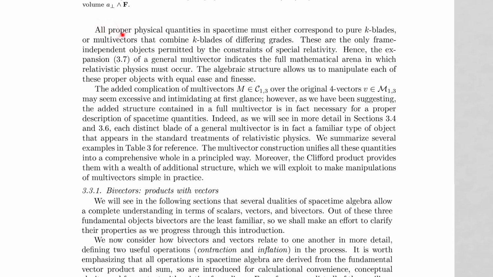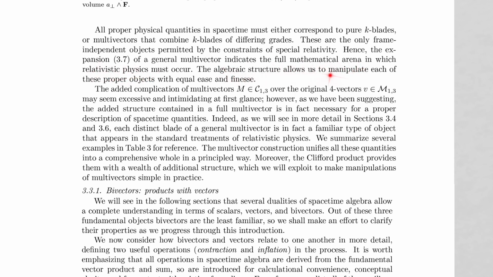So to continue, all proper physical quantities in space-time must either correspond to pure k-blades or multivectors that combine k-blades of differing grades. Right, so that goes back to that chart we did before where all the physical quantities were attached to different blades that would model them. These are the only frame-independent objects permitted by the constraints of general relativity. Hence the expansion of a general multivector into its blade parts indicates the full mathematical arena in which relativistic physics must occur.